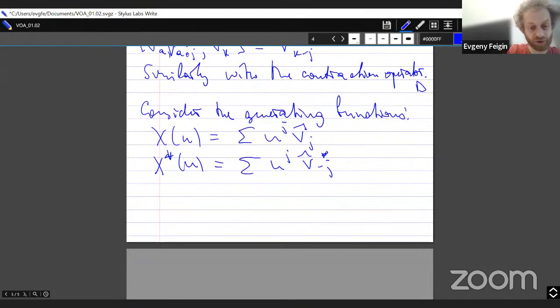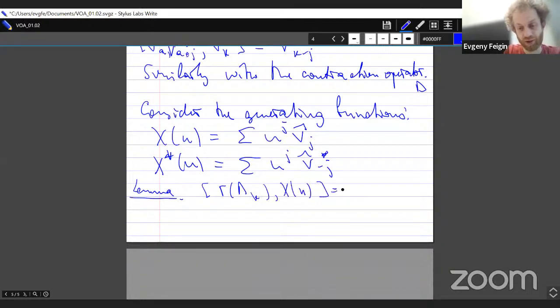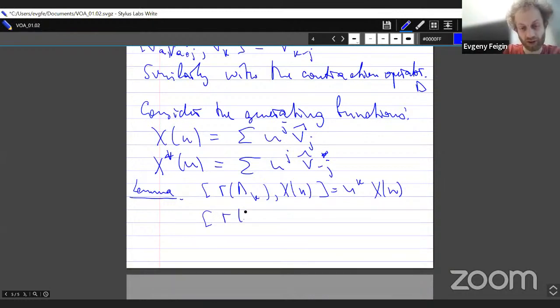And let me put forward the following lemma, saying that R of lambda k x of u is u to the k x of u. And so we also need R of k with x star of u.